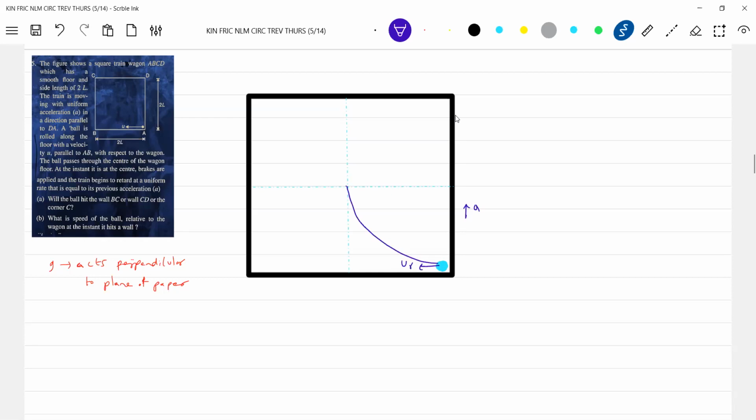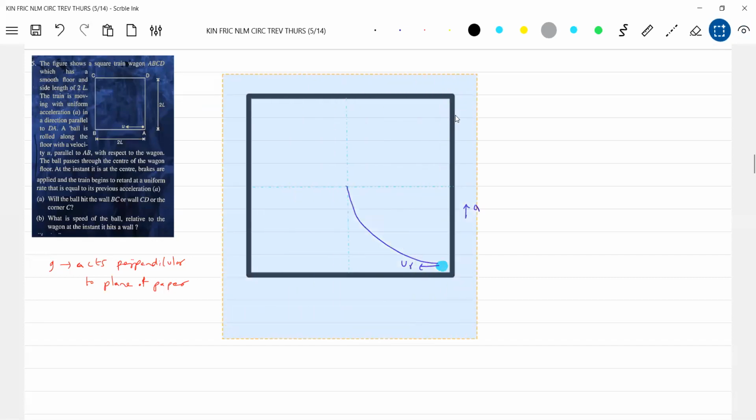Any reason for that? Because of this acceleration, u1 will remain the same. Its velocity component will keep on increasing. At one point, it will be like this. So when the ball has reached here, now it will start undergoing retardation.